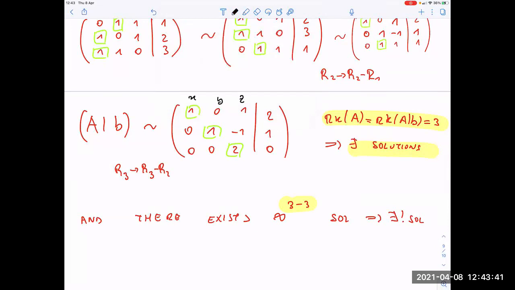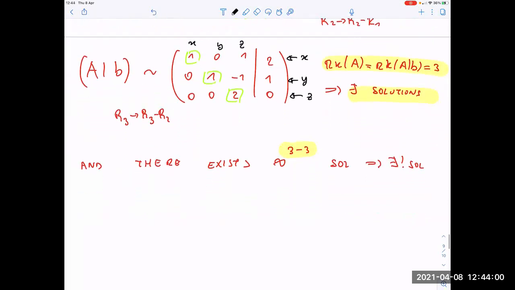So the idea is that this equation will produce z. And this equation will produce y, because I know the value of z. And the first equation will produce x. So I get all solutions in this back substitution process, right?